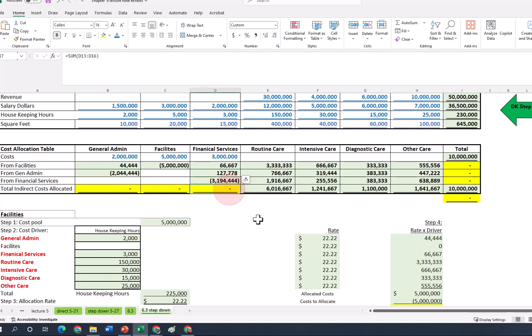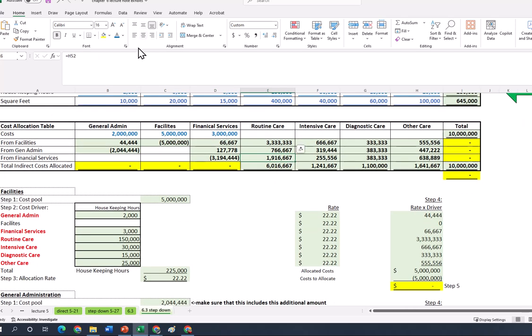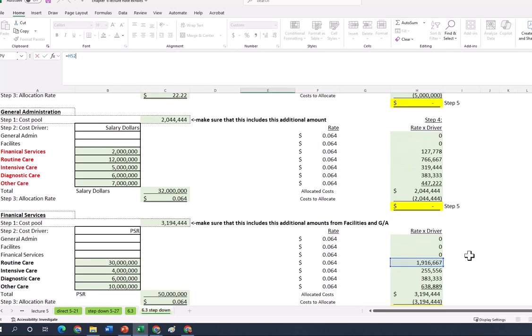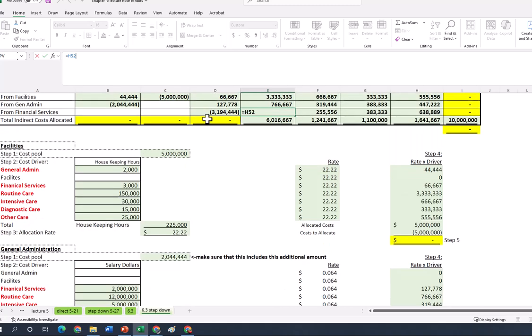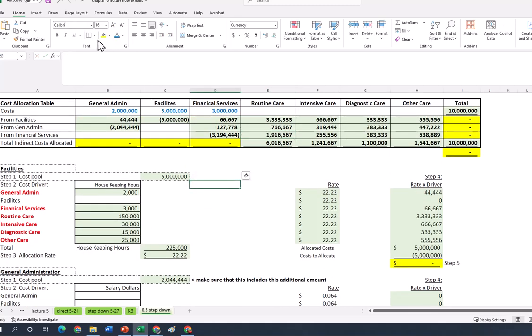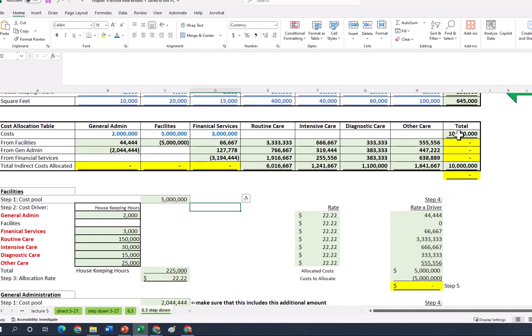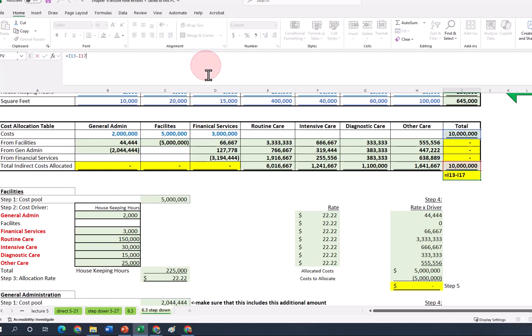We totaled it. Totals a zero. It totals across. Routine care picked up the 1.9, etc. Link, link, link, link. So again, you're not going to have to do this in the real world. Oh, and then we had 10 million to allocate. We allocated 10 and we checked our math.